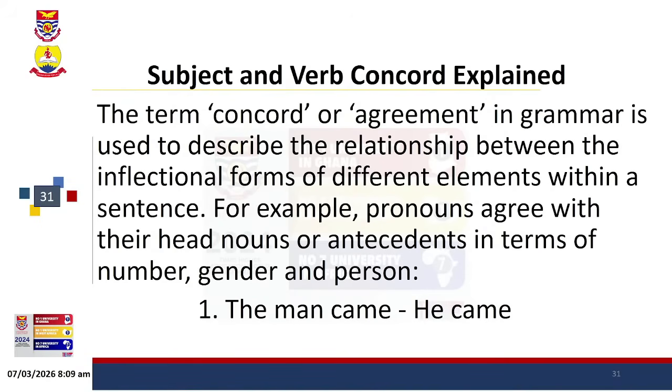For example, pronouns agree with their head nouns or antecedent in terms of number, that is the inflection, gender, and then person. So when we talk about number, we are talking about how many we are referring to. When you say they, we are referring to more than one. When you say he, we are referring to one. That is the number. Okay?